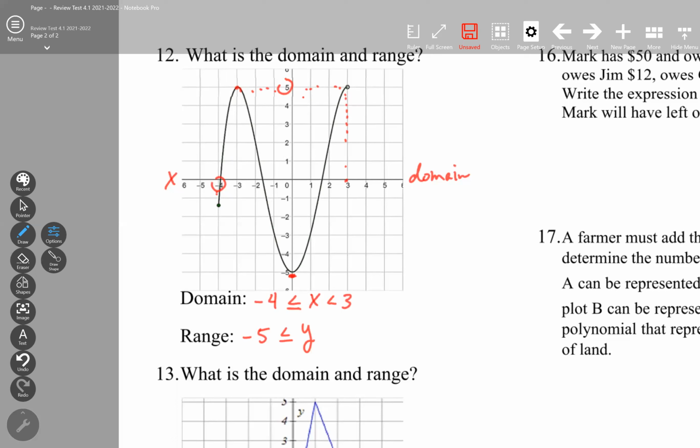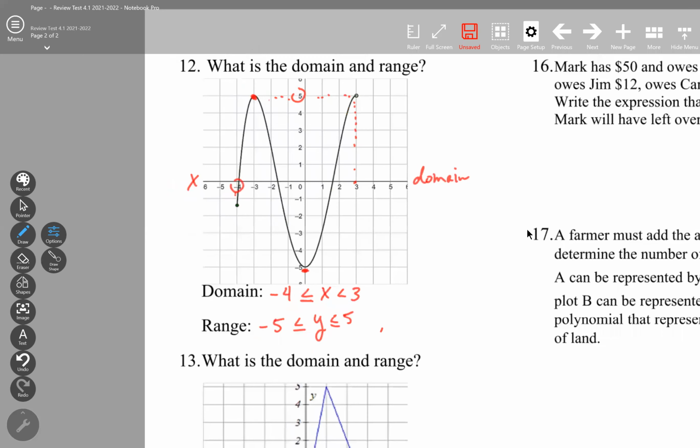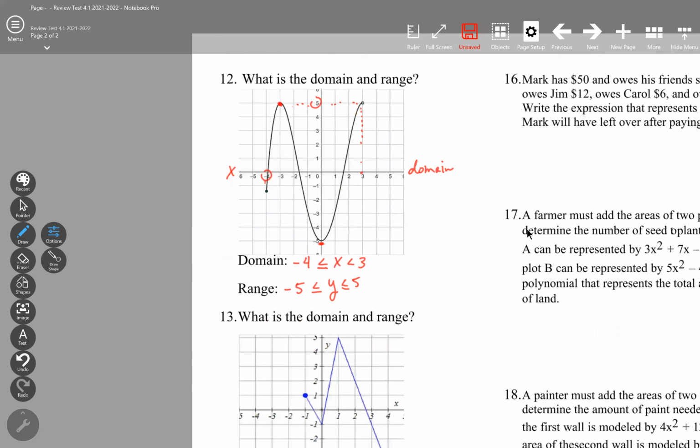So the highest on the y-axis that my graph goes up to is 5. And again, it's a solid line over here, right? Okay, so since this one is solid, I know this guy over here is open, but since you have at least one solid point there, it's going to be less than or equal to, I have 5. All right, so then use that information to help you on number 13.